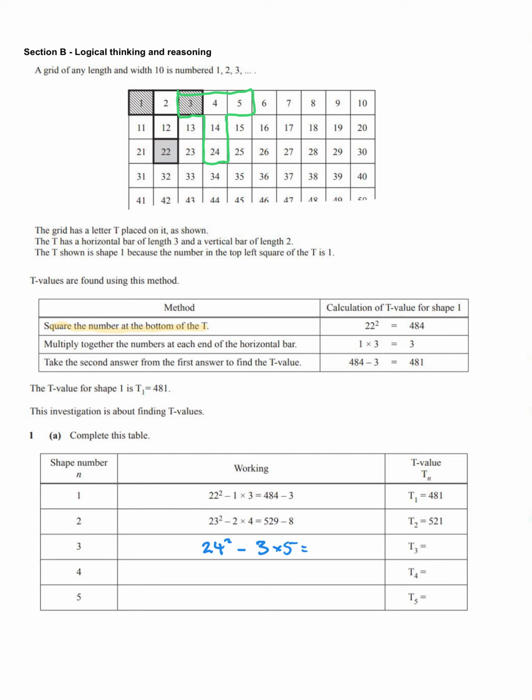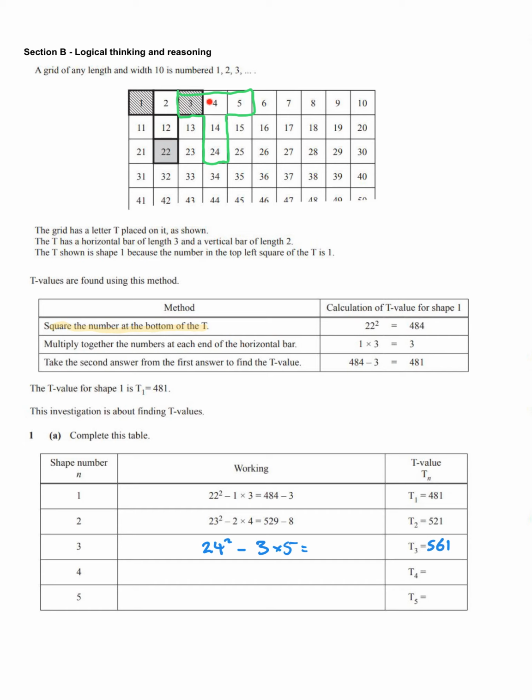So that comes out as, oh, now it's testing my, I'm going to probably grab my TI-Nspire here. In fact, I might just put it in like that. Put that straight into my TI-Nspire, and it's giving me a value of 561.